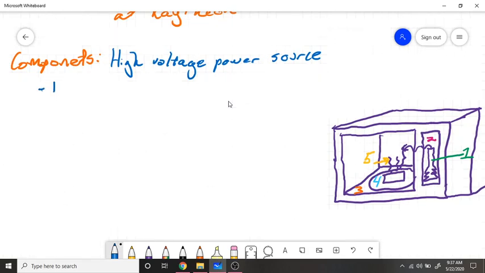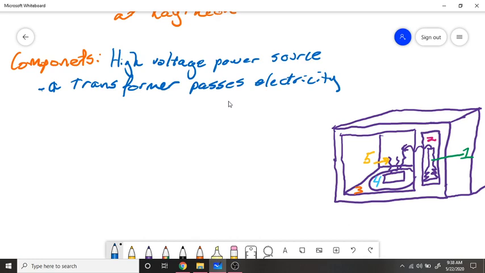The electricity passes through a transformer. It passes the electricity to the magnetron.